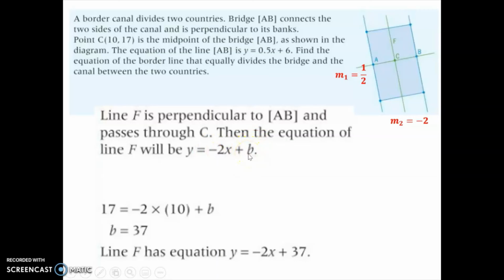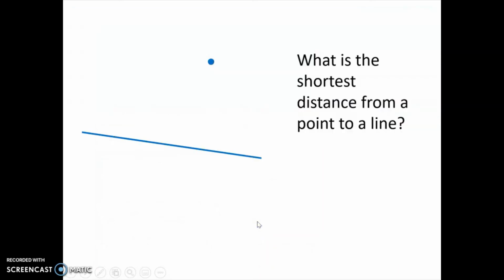But we do know a point on that line, which is the midpoint. And I'm plugging the point in right here, 17 for y value and 10 for x value. That allows me to solve the last part of the linear equation here, 37. Therefore, the equation of the border line must be this. Okay, not so bad. You figured out the slope real quick and you knew a point, and that was enough to solve. Let's try one last concept here.